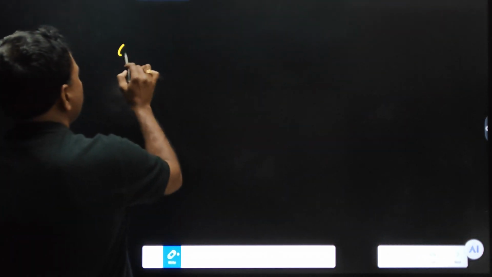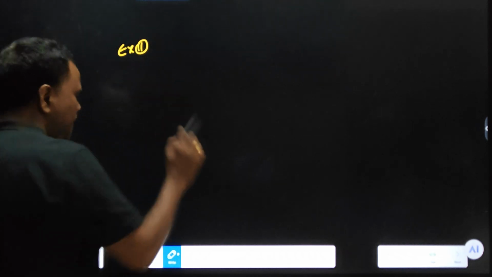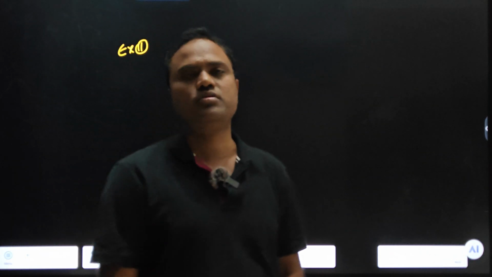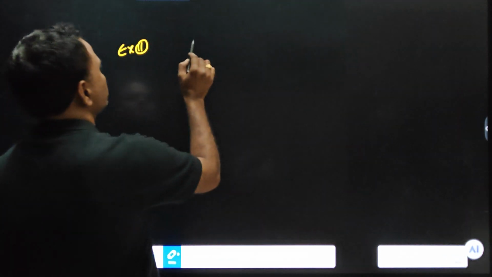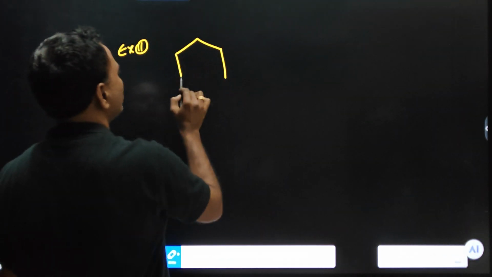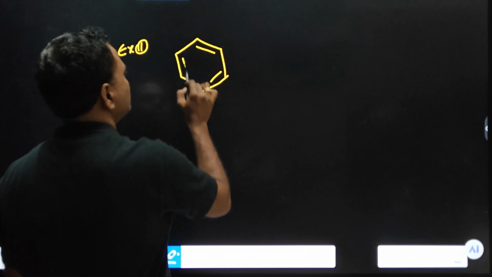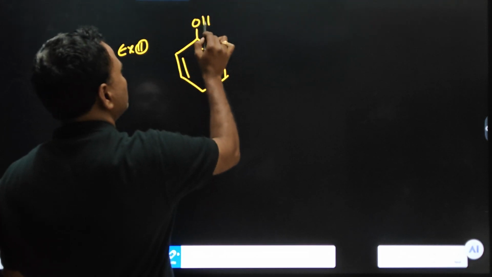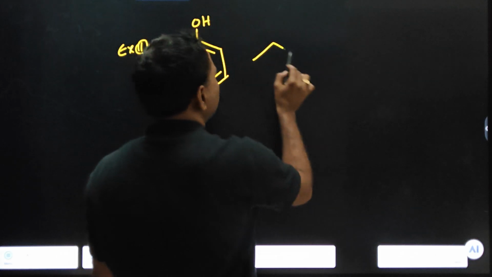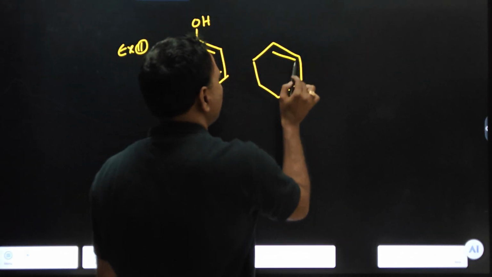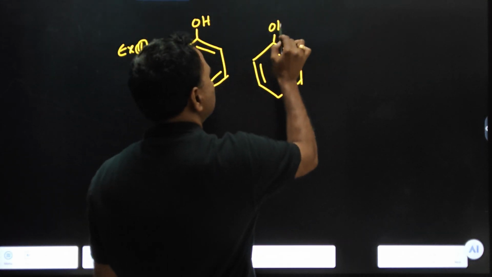First example, most probable area in GOC: acidic nature of phenols, benzoic acids, basicity of amines. I am taking plain phenol. Here phenol with NO2.